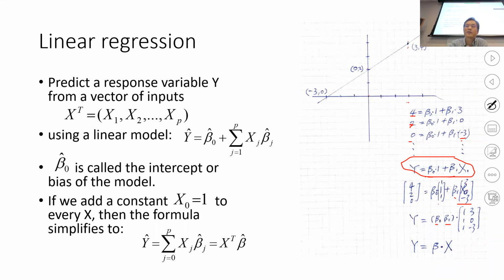This is a single value because we only have 1. So beta 1, beta 0, and then the output should be this. So we write beta 0, beta 1 into a vector. So this should be beta times this, giving you y. So that's what we want, to have this perfect solution.